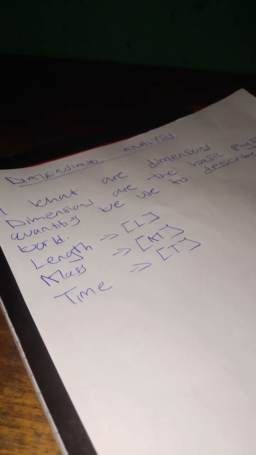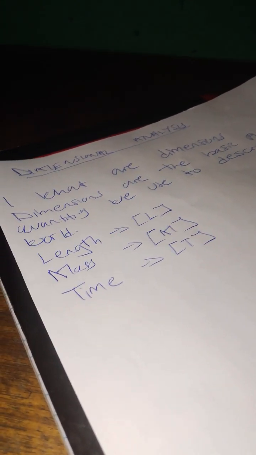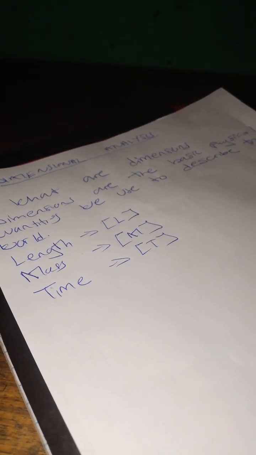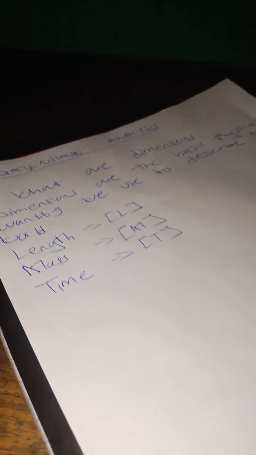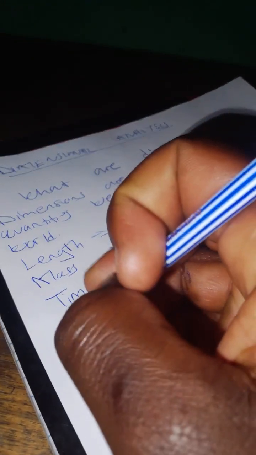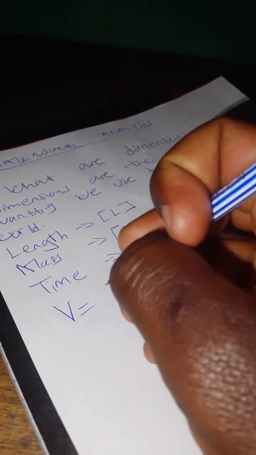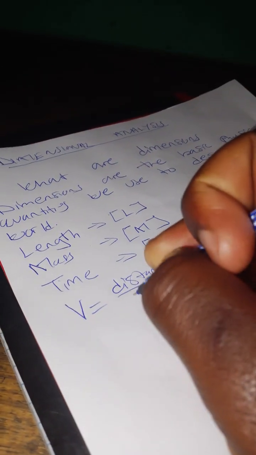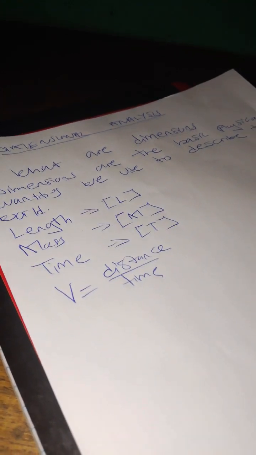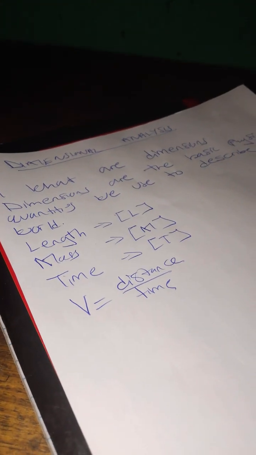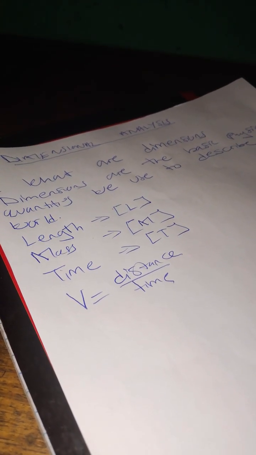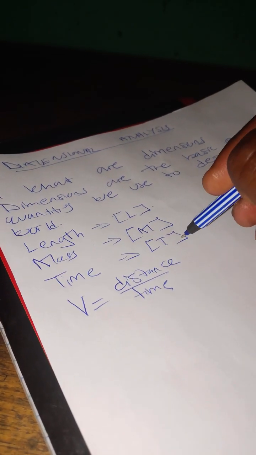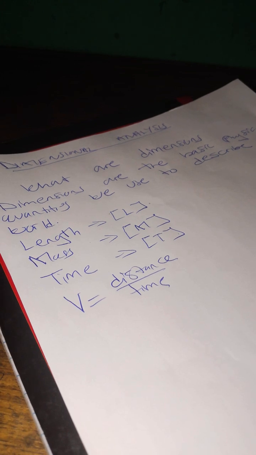Whereby you are not using length, mass, but you are using these letters. To explain, let me give an example of velocity. Velocity is equal to distance over time. As long as you know the formula and these three, 1, 2, 3, then you can't get the question wrong.